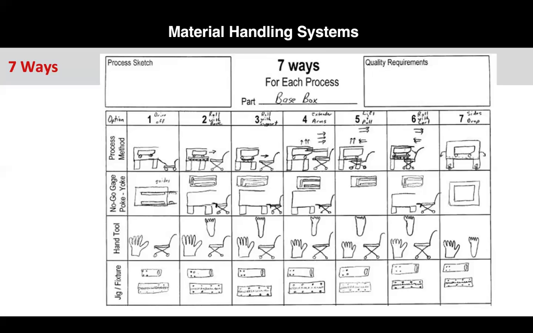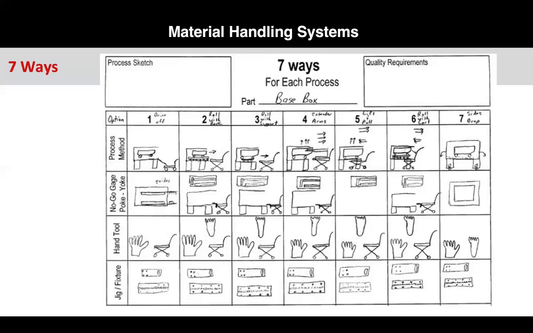And also on seven ways, there's a Toyota system that came out. It's called 3P, the production preparation process. And that's actually where I guess the seven ways got its start, really talking about thinking out of the box.